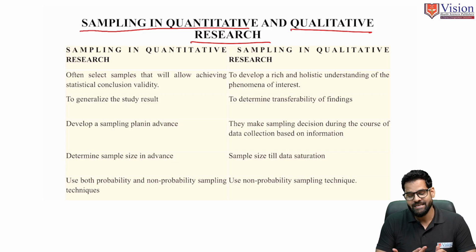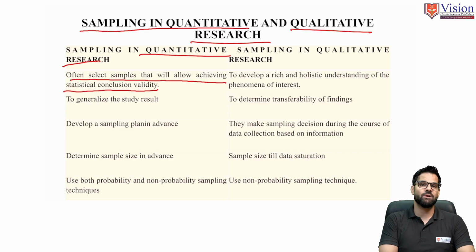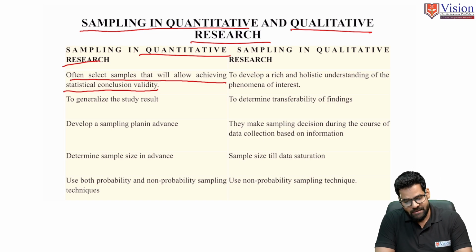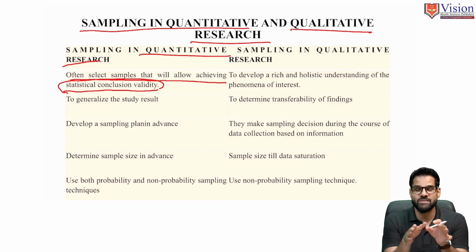If we talk about quantitative research, we often select a sample that will allow us to achieve statistical conclusion validity. What is that? It means we take a reasonably large sample which can determine the relationship if it exists.